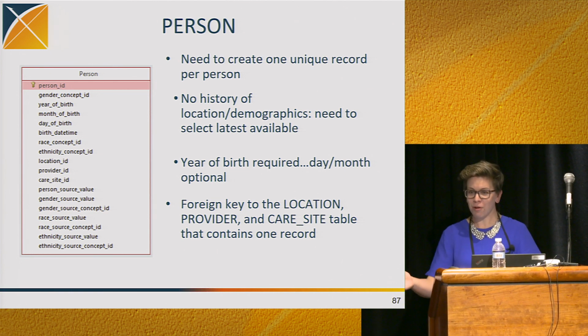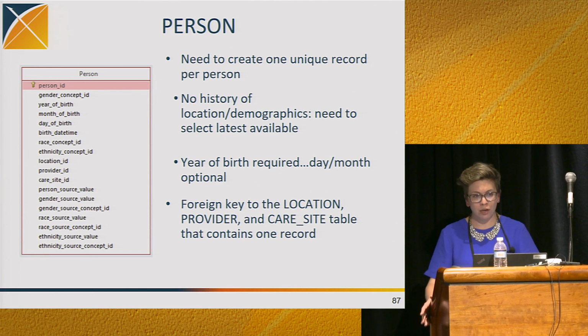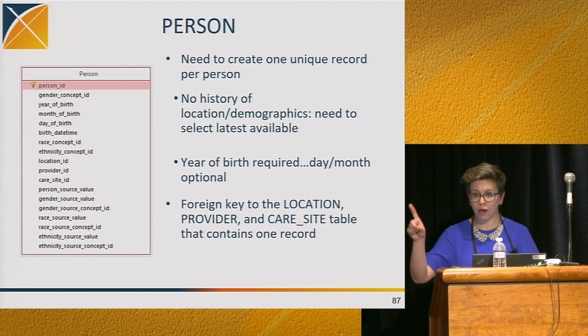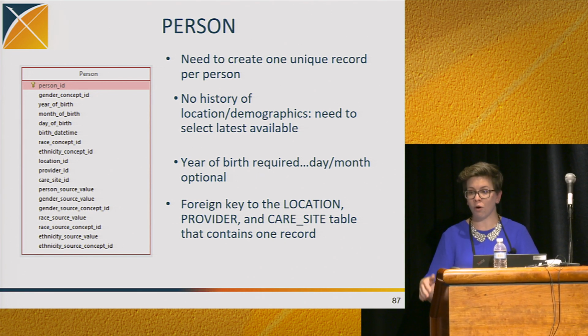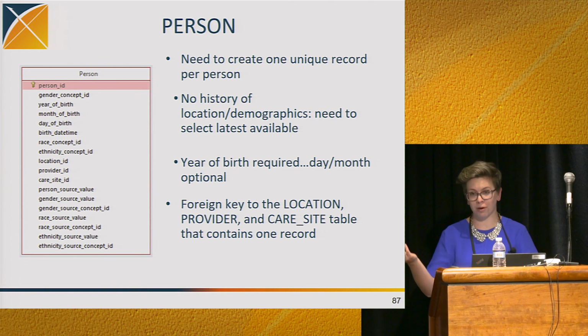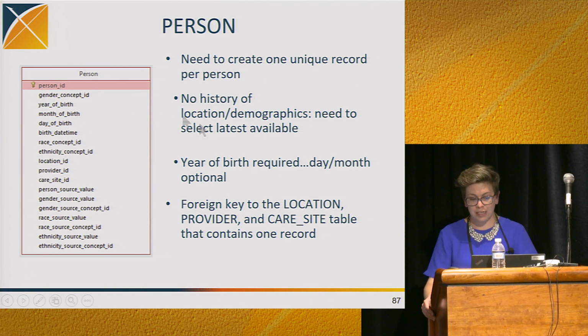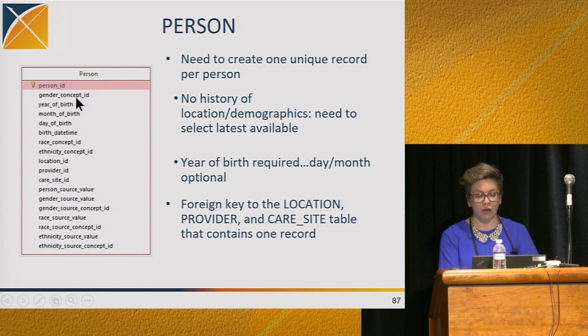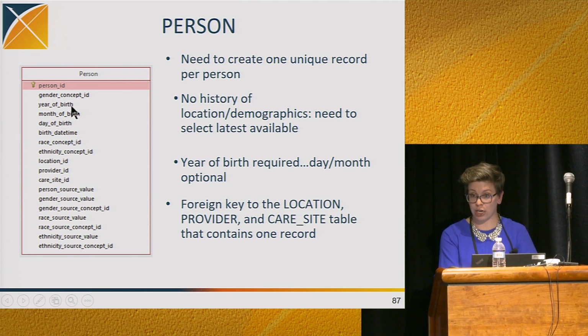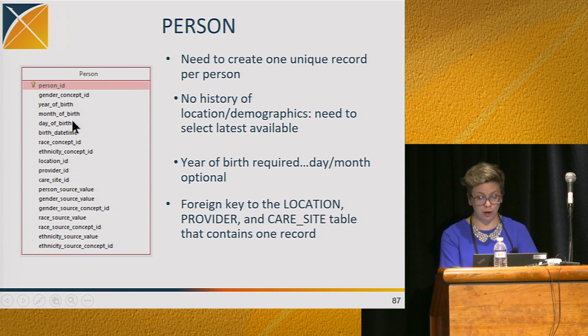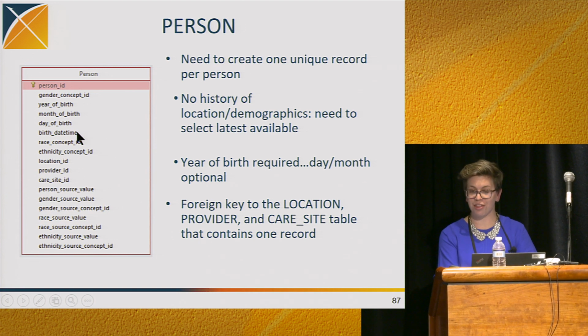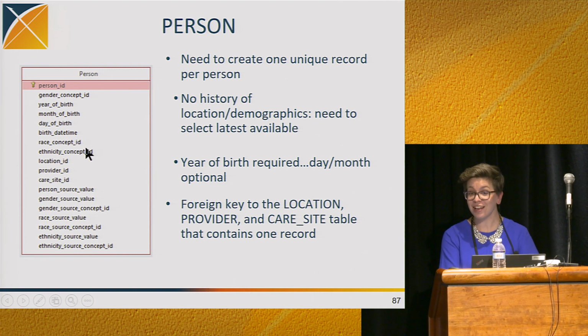So the first table, and probably one of the most important tables in the CDM we need to know about, is the person table. For every person in your CDM, there is one record in this table that talks about who that person is. For example, it's going to standardize their gender, year of birth, maybe if you're lucky, month and day of birth, maybe if you're really lucky, the date time of birth.